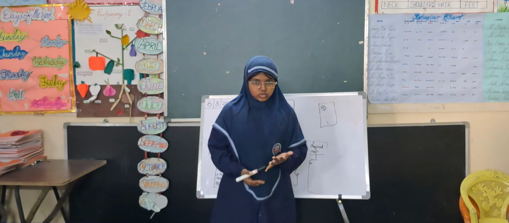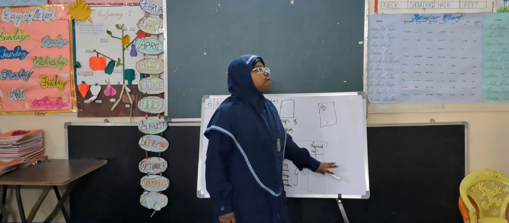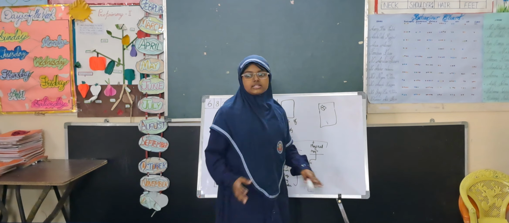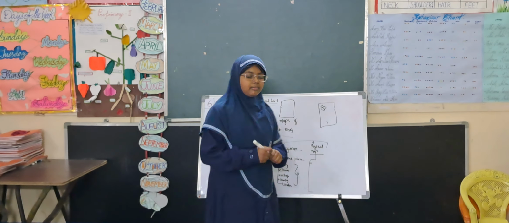Physical maps show mountains, plateaus, plains, and rivers, oceans, and many other things.